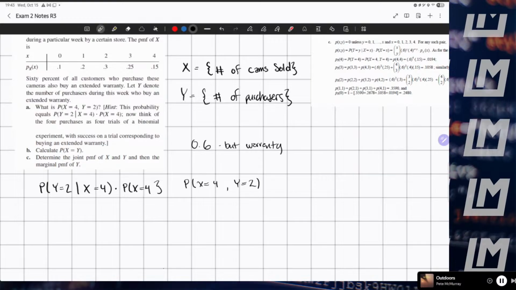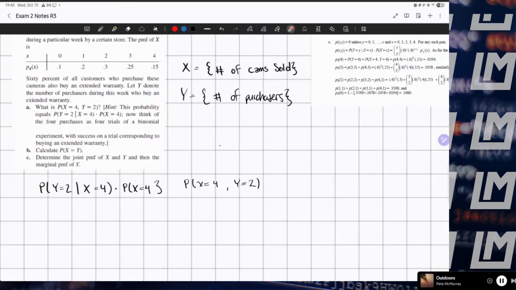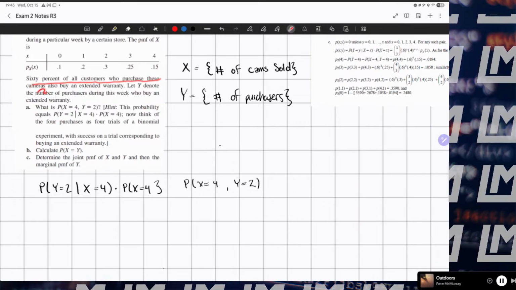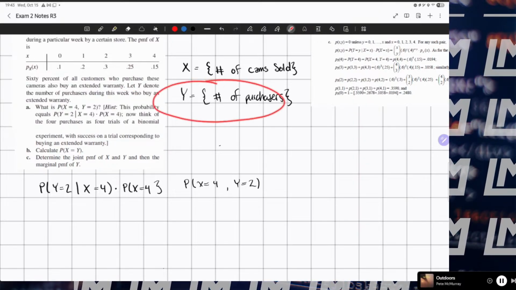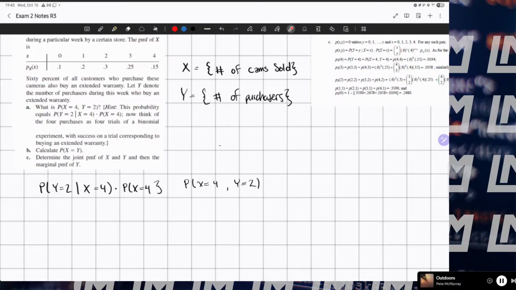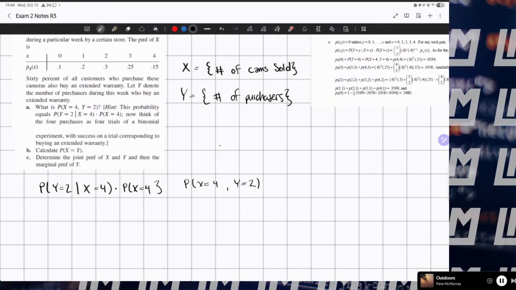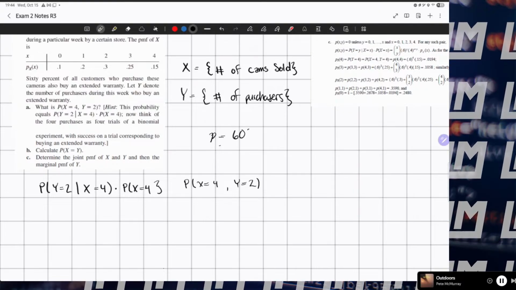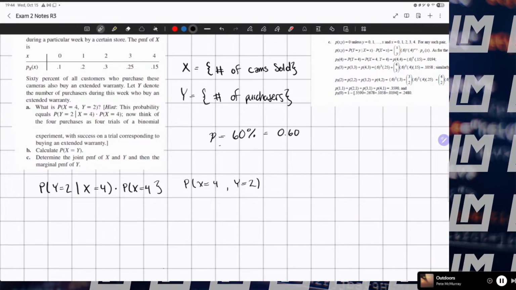So this is the binomial. 60% of all customers who purchase these cameras also buy an extended warranty. Let x denote the number of purchasers during this week who buy an extended warranty. So we know that the probability of this is going to be 60%, which is 0.60, which is what I wrote.